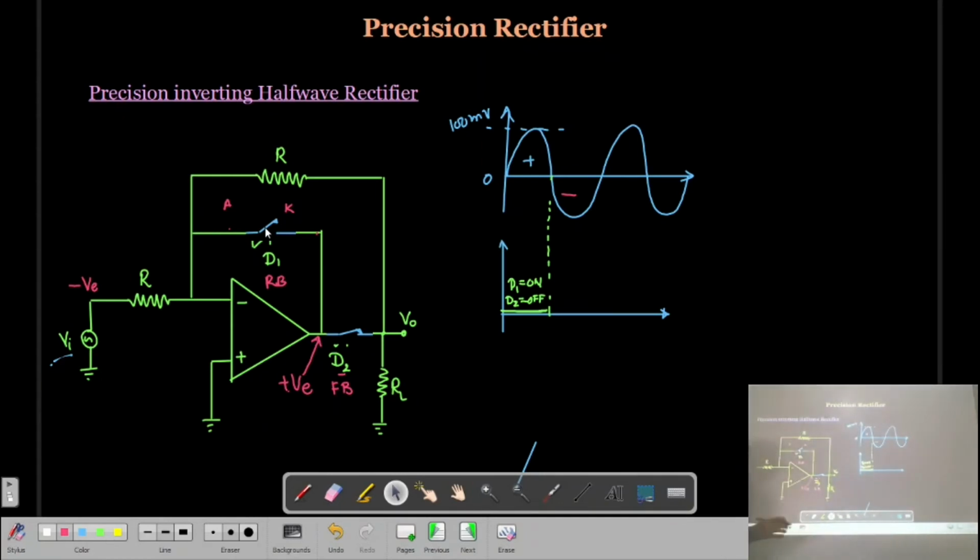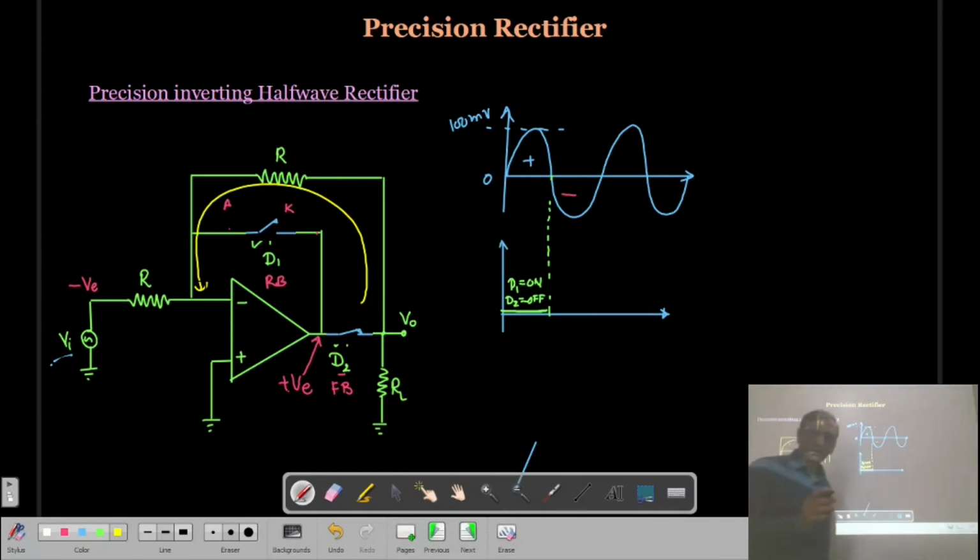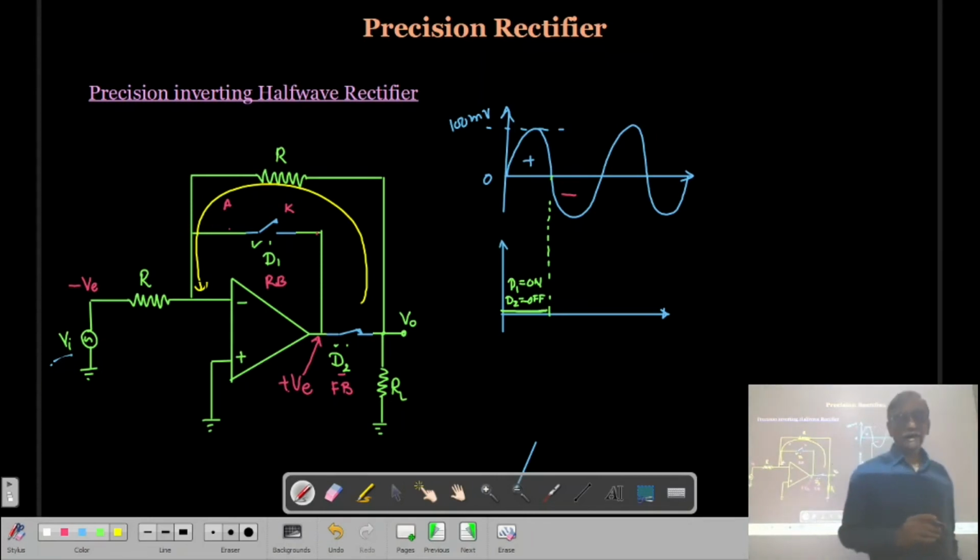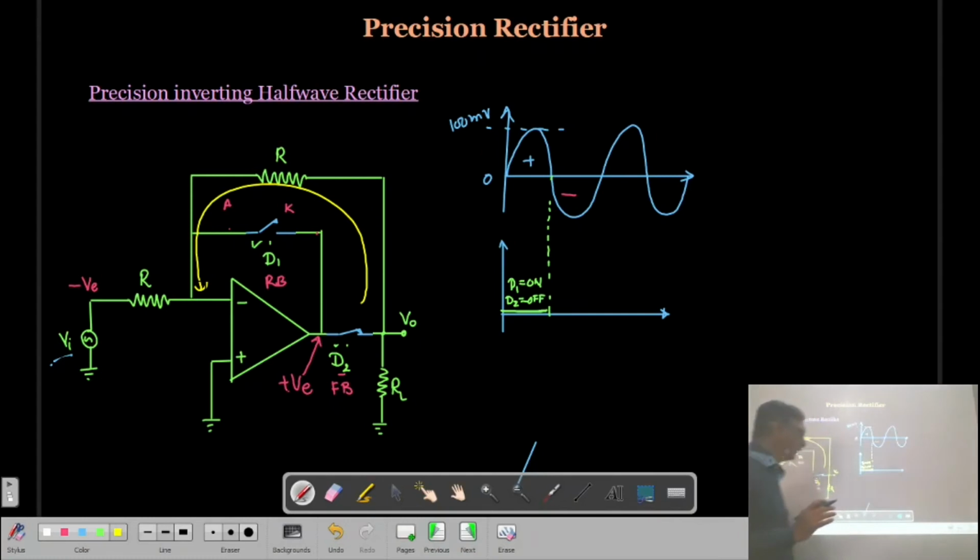So now what is the feedback path? Here you can see that the feedback path is this. And here simply it is working as an inverting amplifier. And what is the gain of the inverting amplifier?